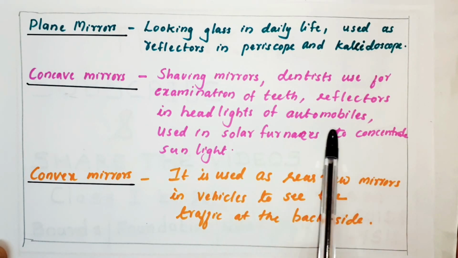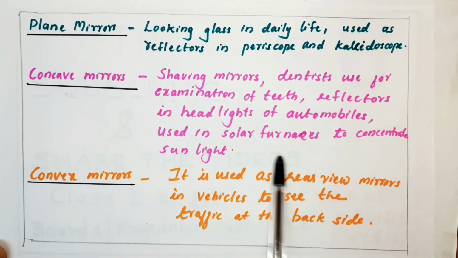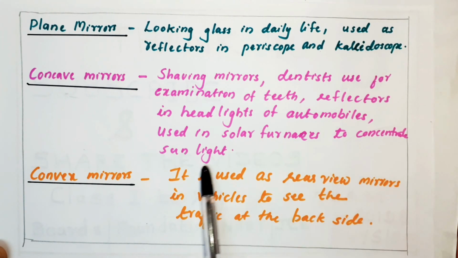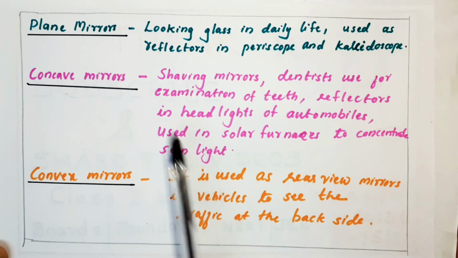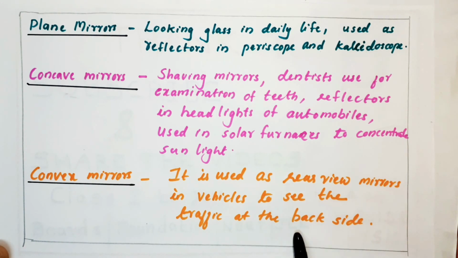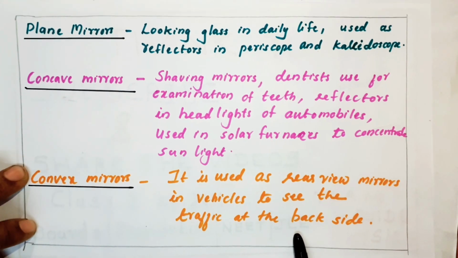They are used as reflectors in headlights of automobiles. They are also used in solar furnaces to concentrate the sunlight. Convex mirrors are used as rear view mirrors in vehicles to see the traffic behind. So these are the uses of mirrors. Only convex mirrors are used as rear view mirrors.